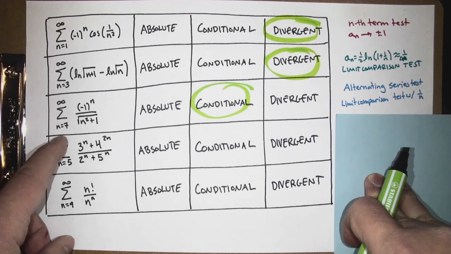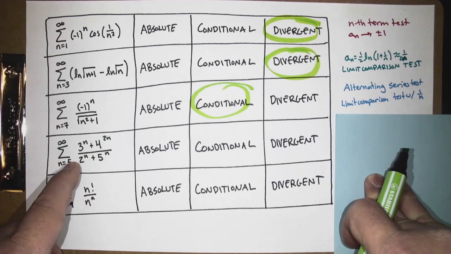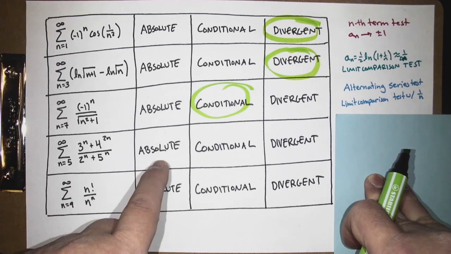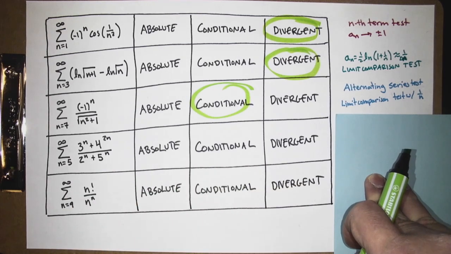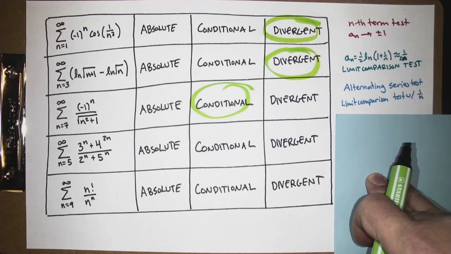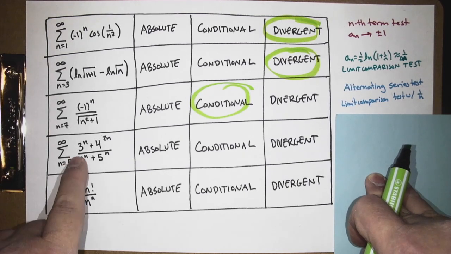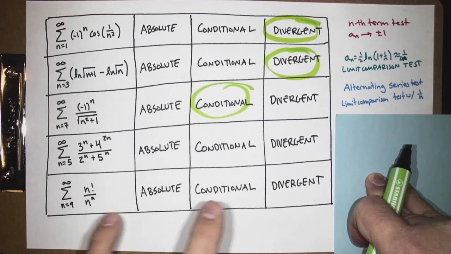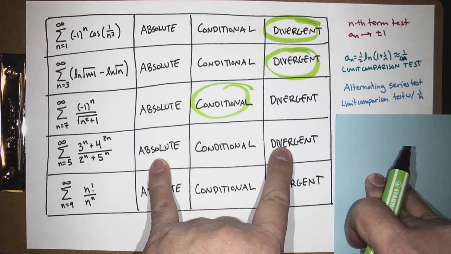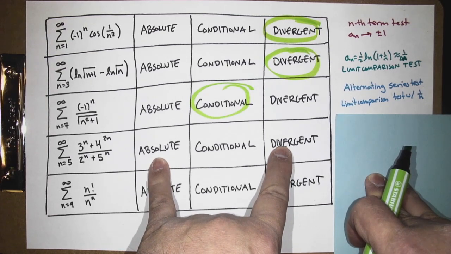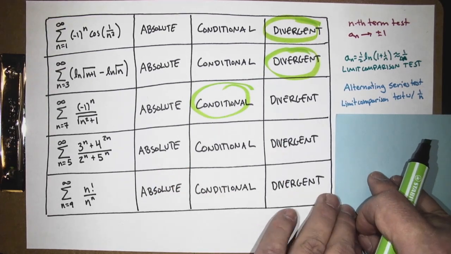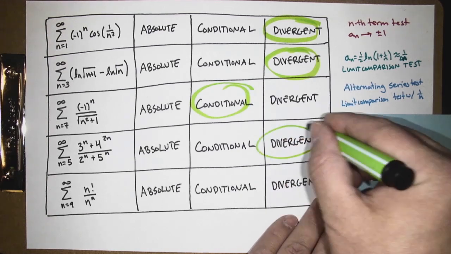Okay, 3 to the n plus 4 to the 2n divided by 2 to the n plus 5 to the n. Absolute, conditional, or divergent? Can't be conditional, there's no plus minus 1. So it's either absolute or divergent. It's divergent.